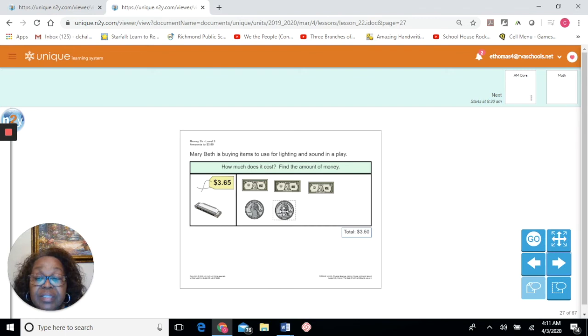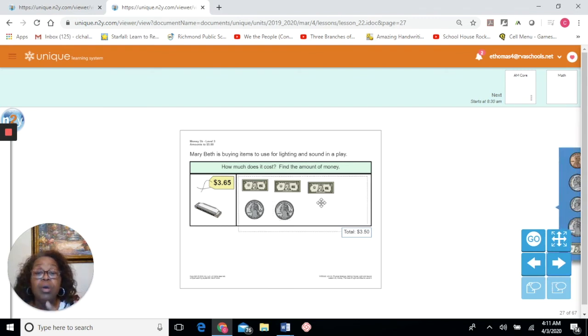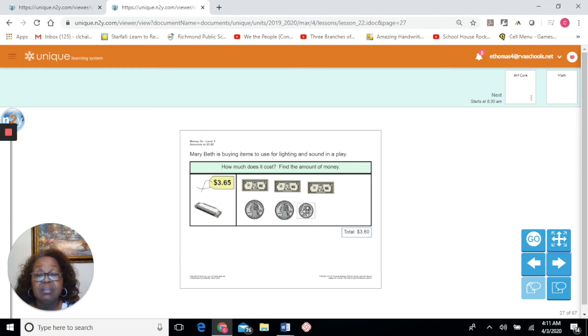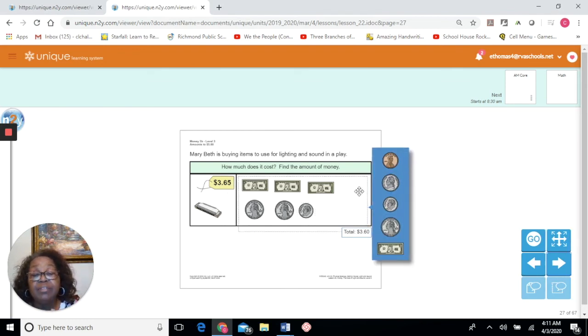Another quarter would be 75 cents. So we'll use 25, 50, another dime. That would be 60 cents. 25, 50, 60. All we need now is 5 cents in the ones place. 5 cents. We could use 5 ones, but a nickel sure is faster.